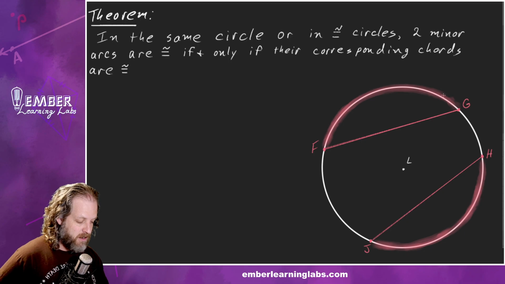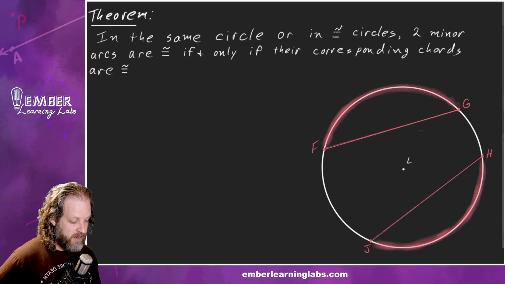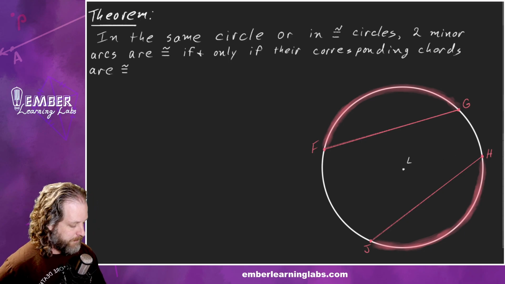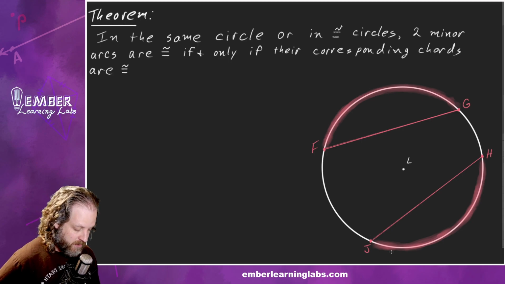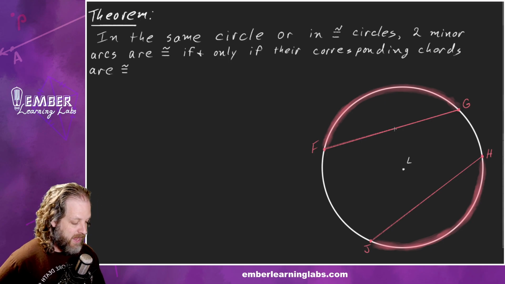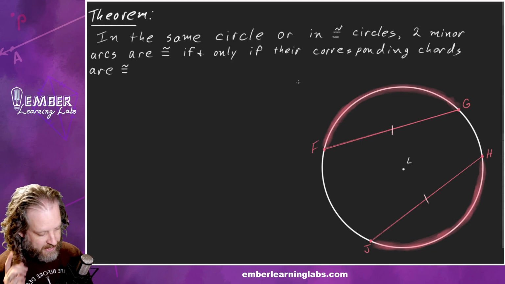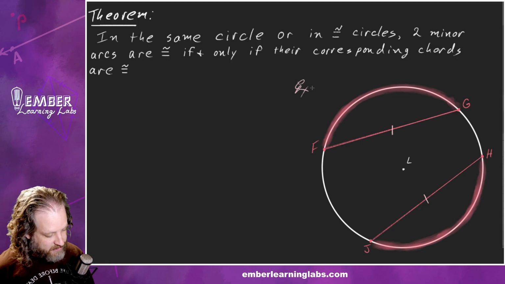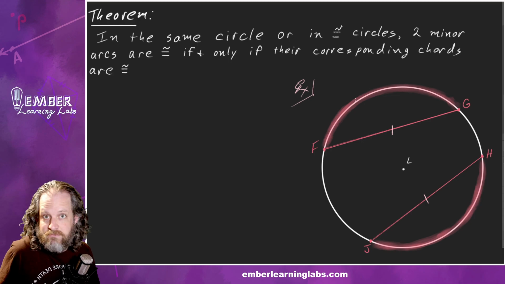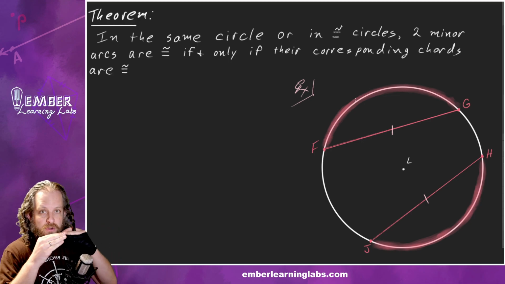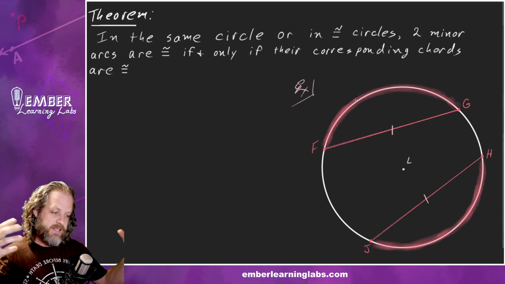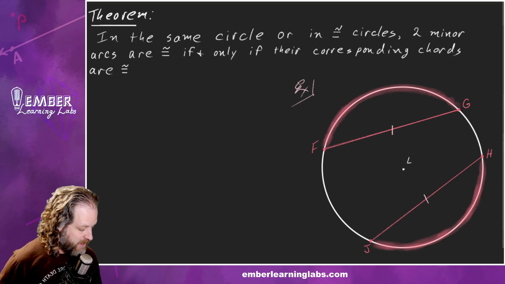So this minor arc FG is congruent to the minor arc HJ if and only if chord FG is congruent to HJ, right? And that lets us make equal equations. This equals that. So let's dive into an example using this.